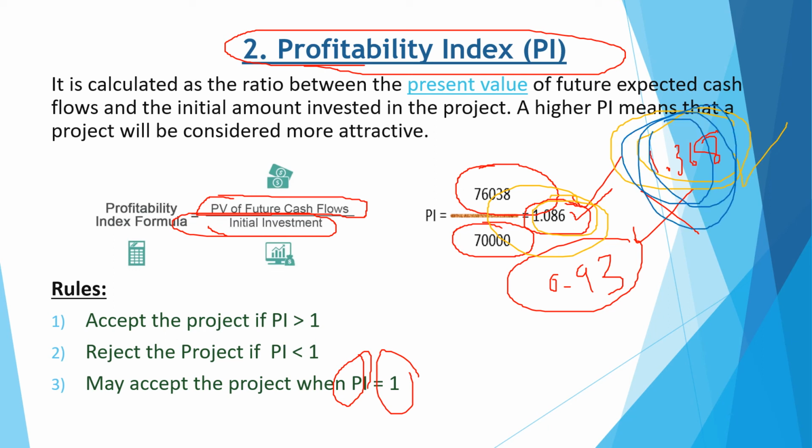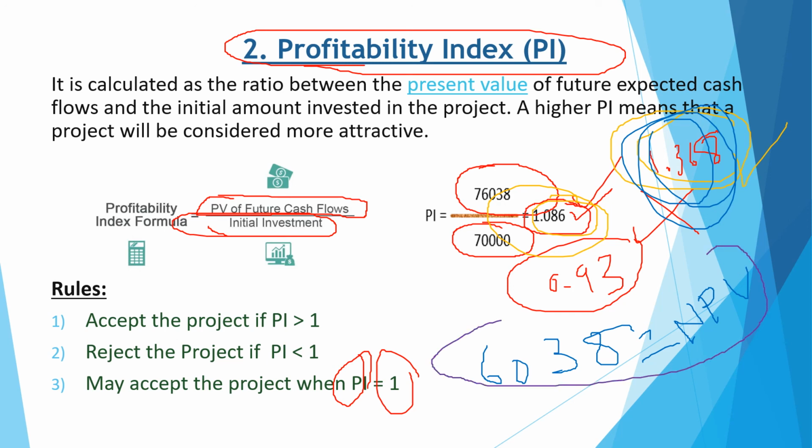And in NPV, net present value, what we did was subtract this 70,000 from 76,038 rupees, and the result was 6,038 rupees. So our NPV is equal to how much? Our NPV is equal to 6,038 rupees.